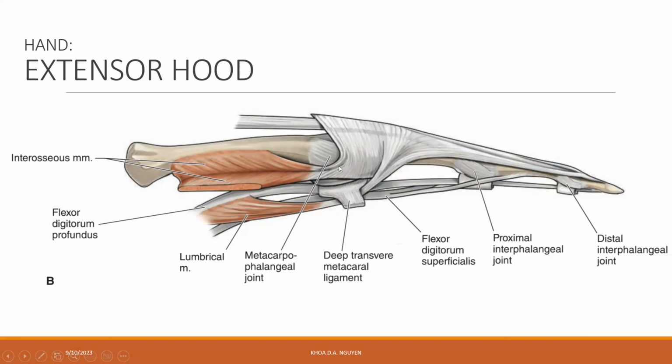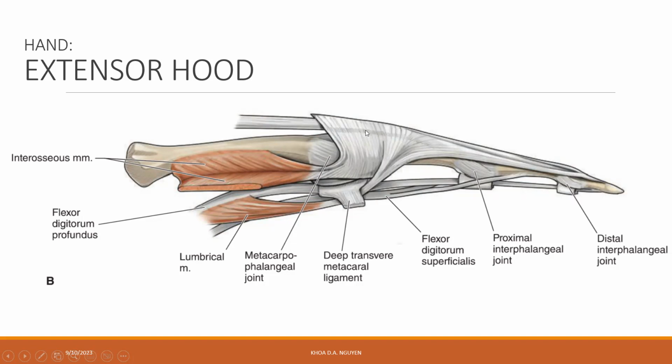Those structures, like for example the interosseous muscle right here, as well as the lumbrical muscles right here, notice how distally they all converge into this structure right here, and that is called the extensor hood. The extensor hood also receives the extensor tendon up here.